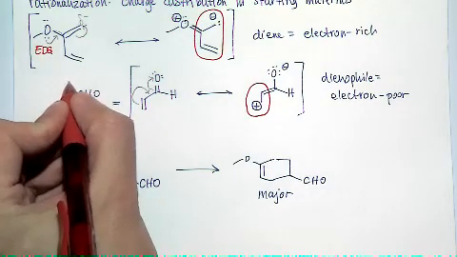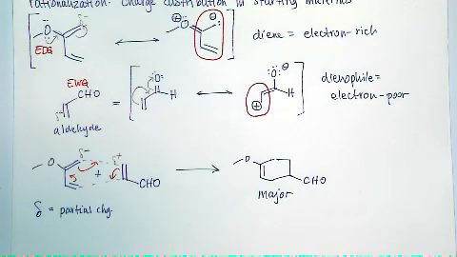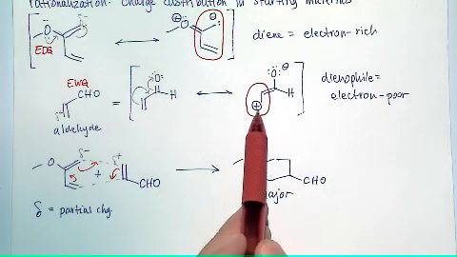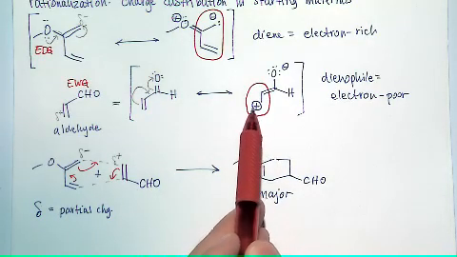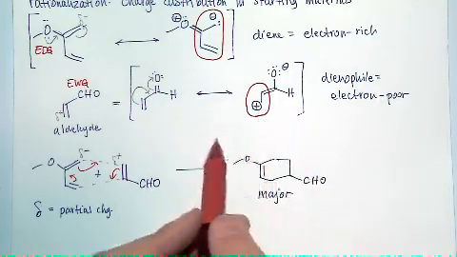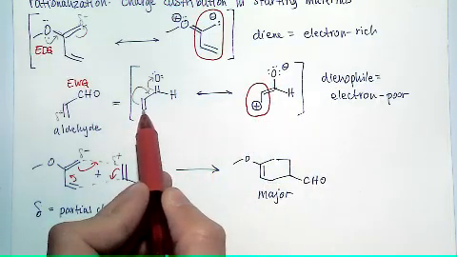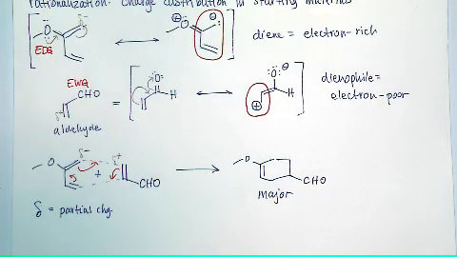In the same way, that aldehyde is an electron withdrawing group, and that means we're going to have a delta plus, a partial positive charge, on the side of the dienophile that's further away from the aldehyde.